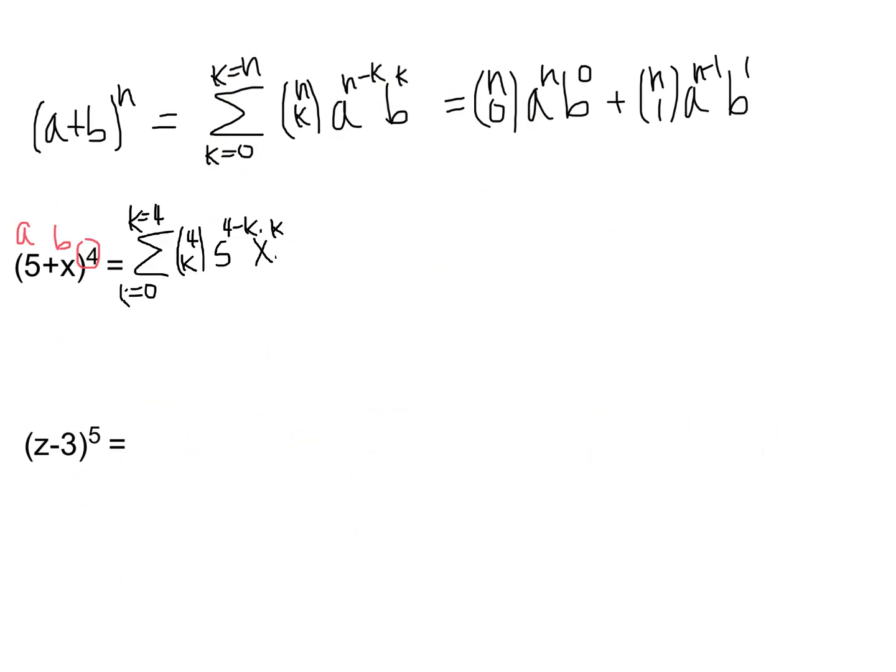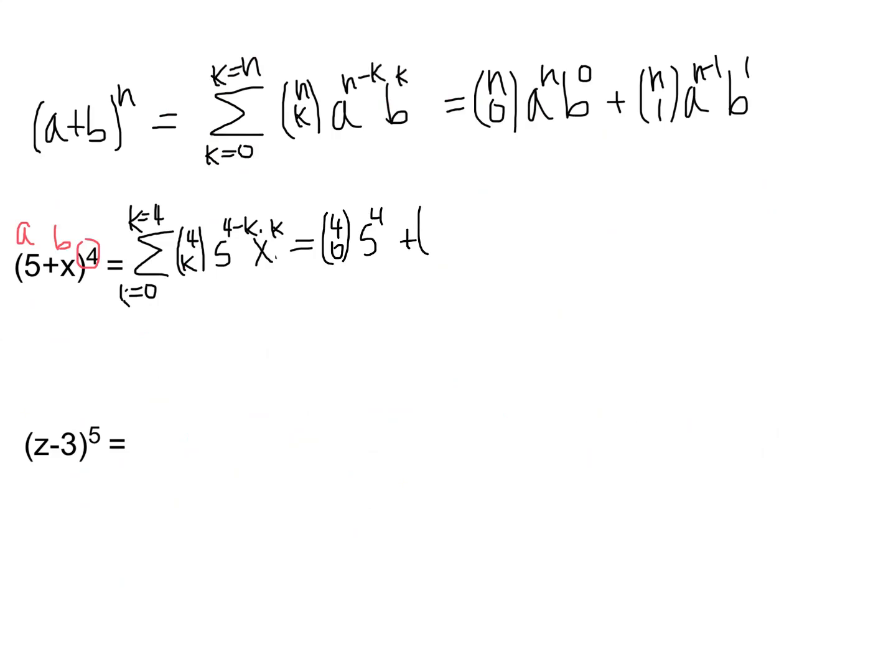Okay. And now I can go through and write this out. So my first term is when k is 0, it'll be 4 choose 0, 5 to the 4.